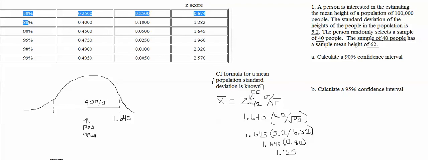And we also saw earlier that the margin of error is the distance from the population mean to this boundary point out here at the boundary of the middle 90%, at the outer boundary of the center area. So it turns out that this is 1.35.